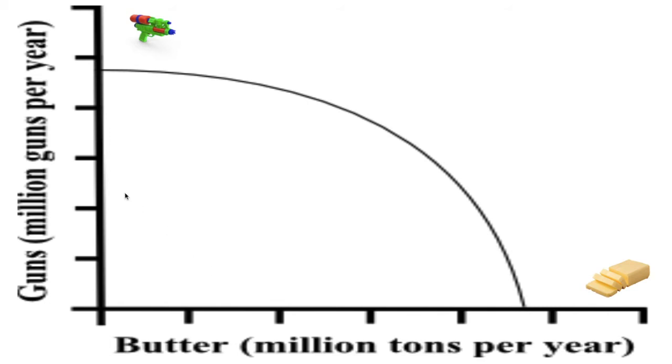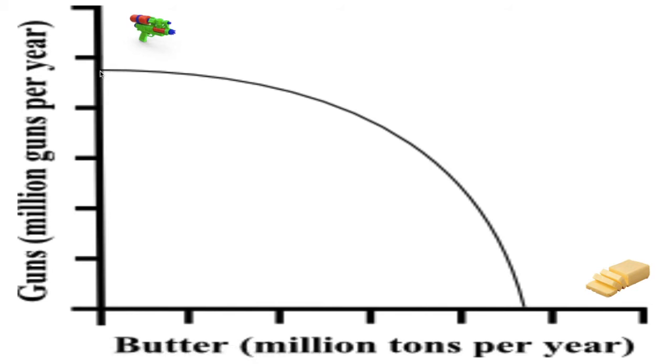So we can make a bunch of guns if we want, and we could produce up to this point. If we put all of our resources into gun production, we would be all the way over to the left of this curve, because that would mean zero butter and as many guns as we can produce, or the top point of this curve.